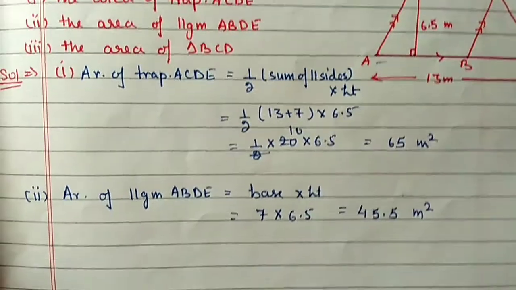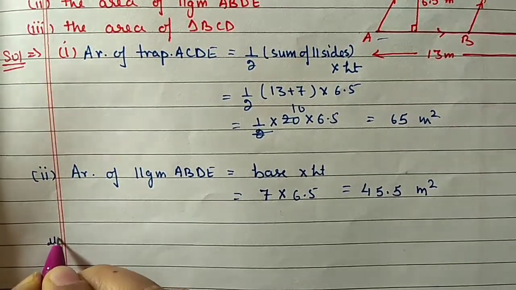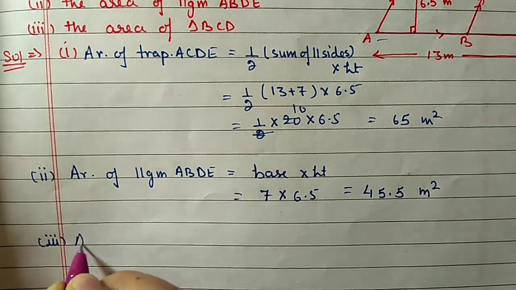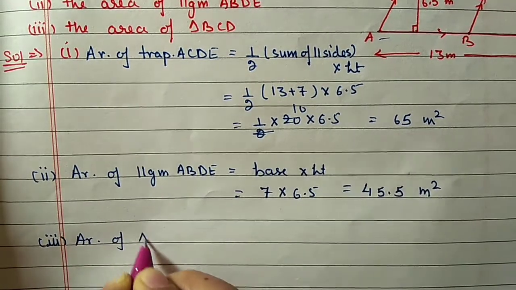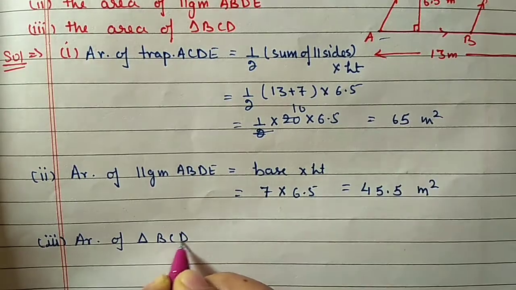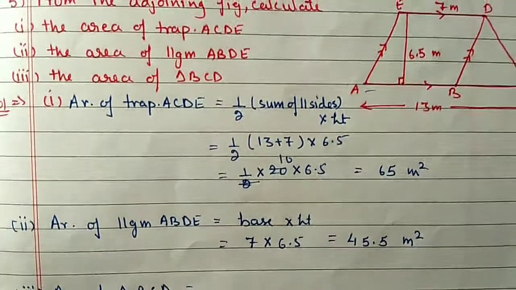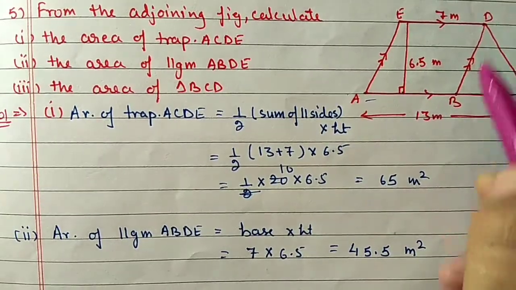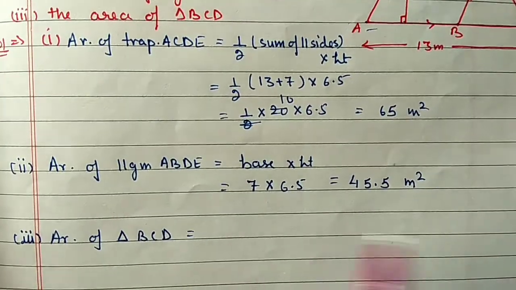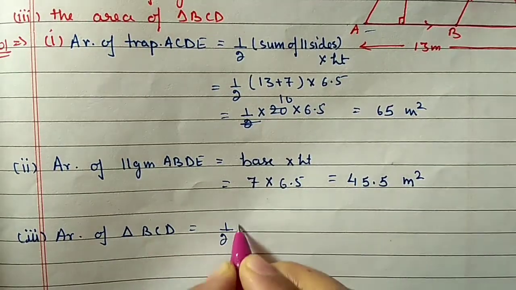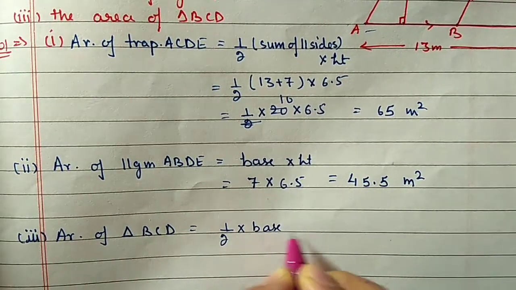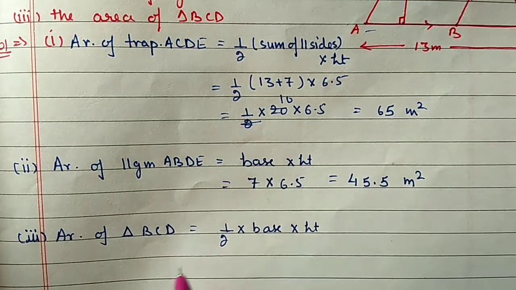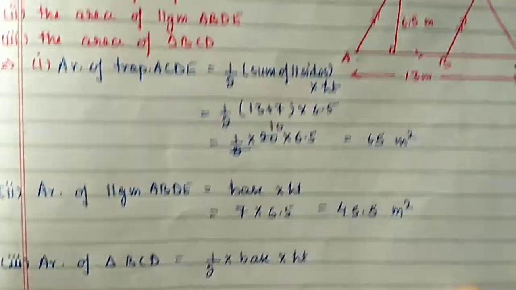Third part, we have to find out the area of triangle BCD. This triangle we have to find out. So for triangle the formula is half base into height. So this base first we will calculate.